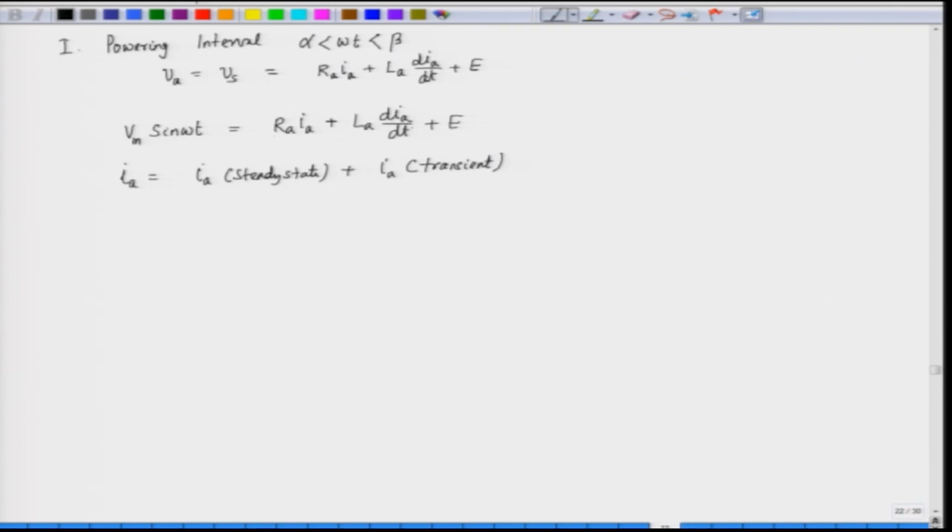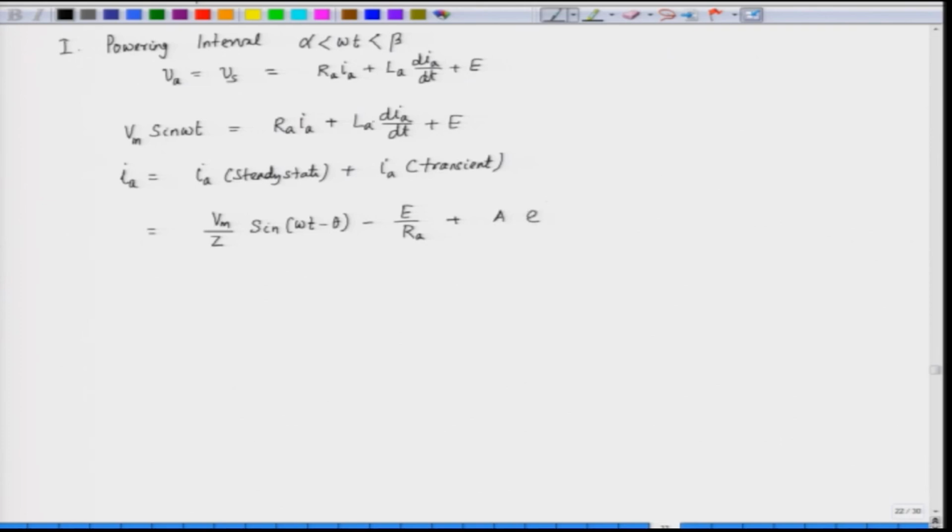Now, if you apply the steady state component here, this is Vm by Z sin omega t minus theta minus E by Ra. So, this part is the steady state part and we have a transient part, that is A exponential.